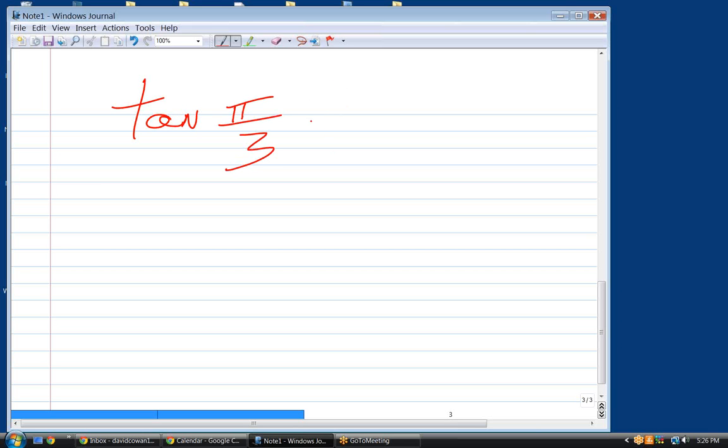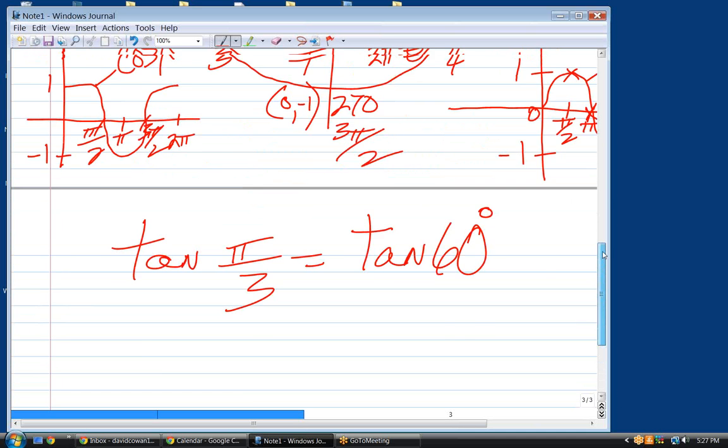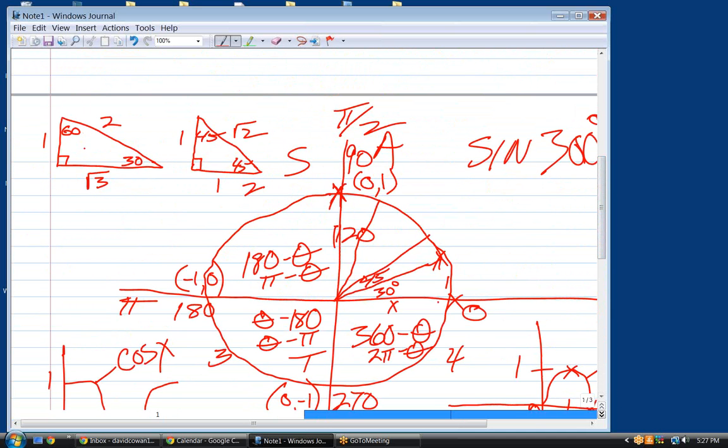60. Yeah. And when you first start working with radians, most people will convert it. After a while, you get so you can almost think in terms of radians, and you don't have to go back and forth between degrees. Now, what's the tangent of 60 degrees based on this triangle right here?